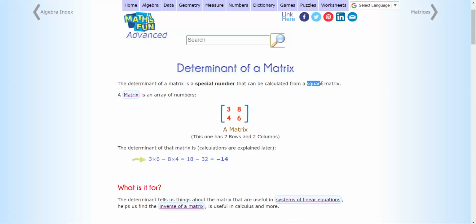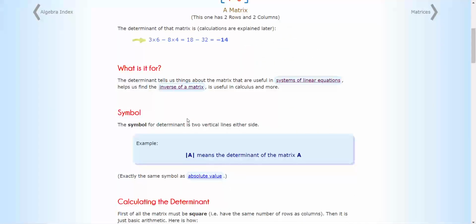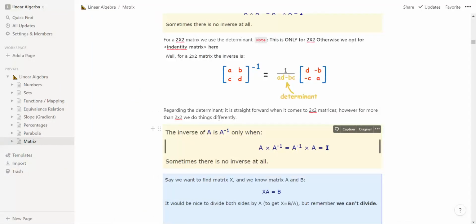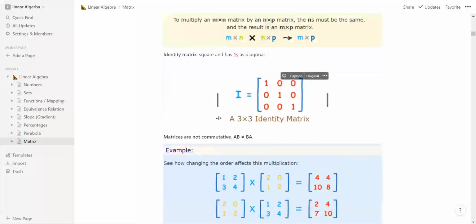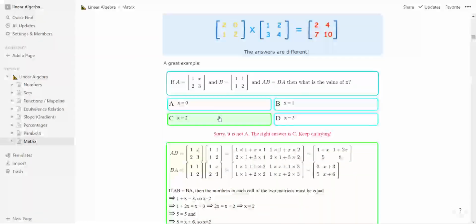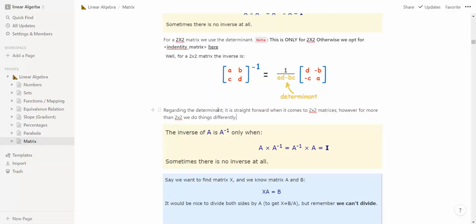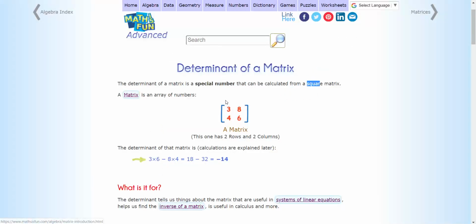A matrix is an array of numbers that we know of.